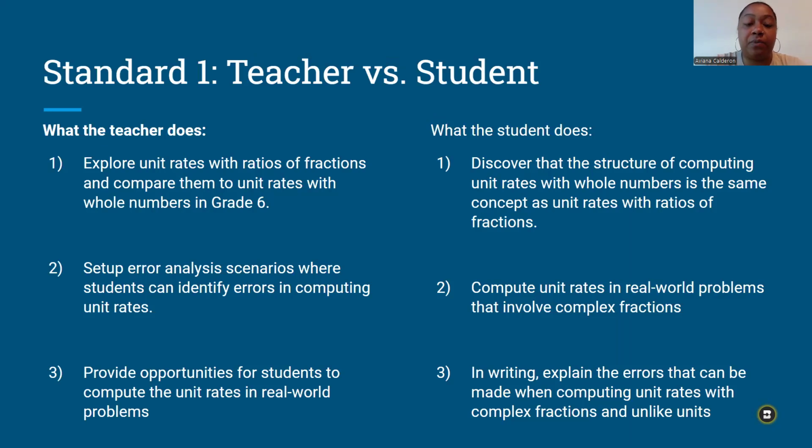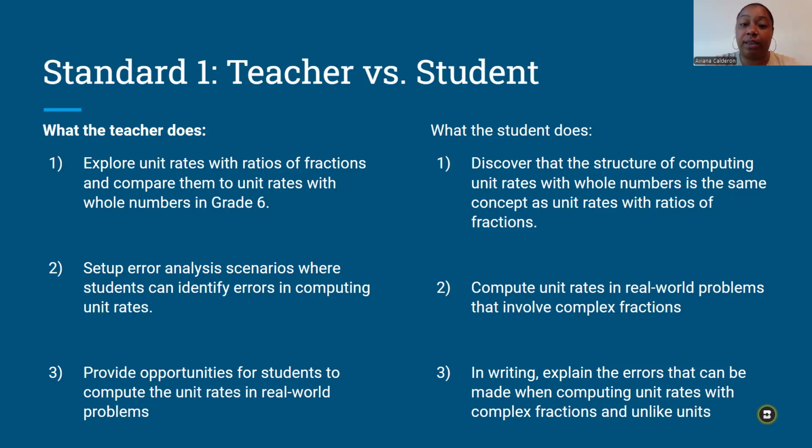So for standard 1, we have teacher versus student, what the teacher does and what the student does. The teacher ensures that we explore unit rates with ratios of fractions and compare them to unit rates with whole numbers in grade 6. We set up error analysis scenarios where students can identify errors in computing unit rates. And 3, we provide opportunities for students to compute the unit rates in real world problems.